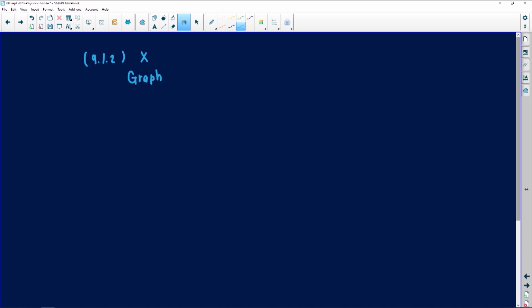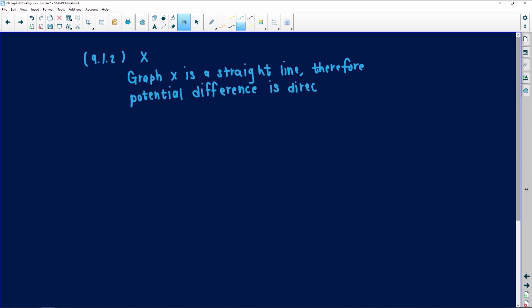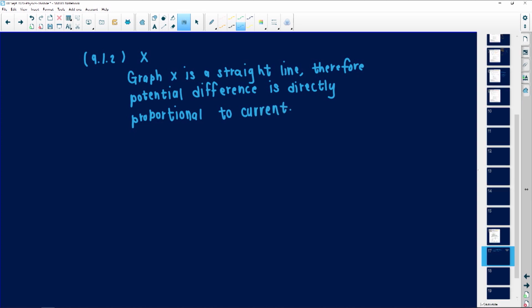Remember, you can say it as: graph X is a straight line, and therefore potential difference is directly proportional to current. It's directly proportional to current. So that is the reason we can give.